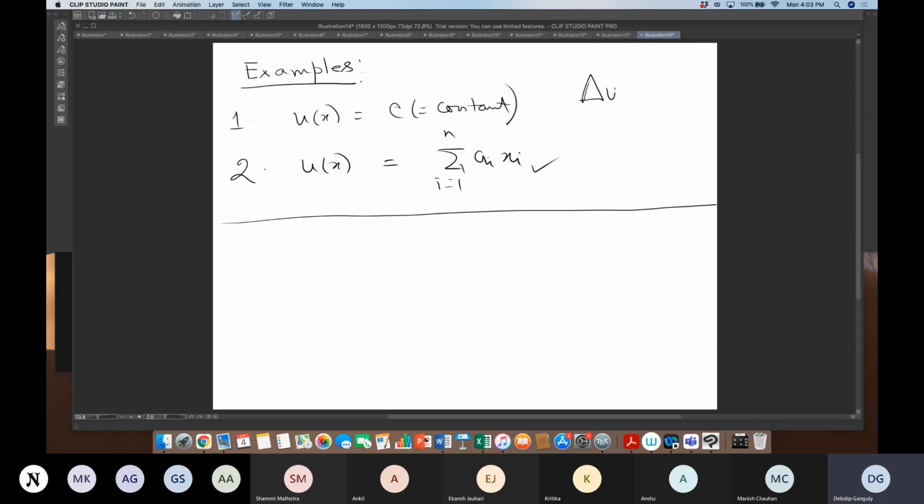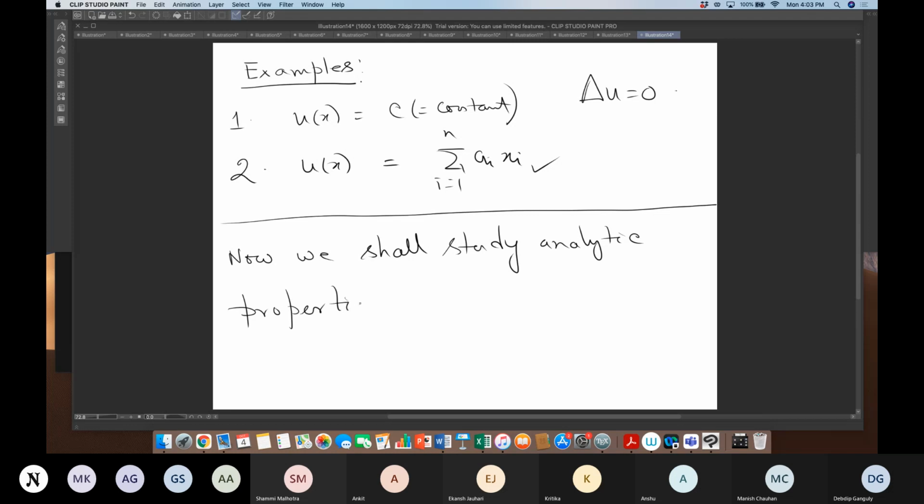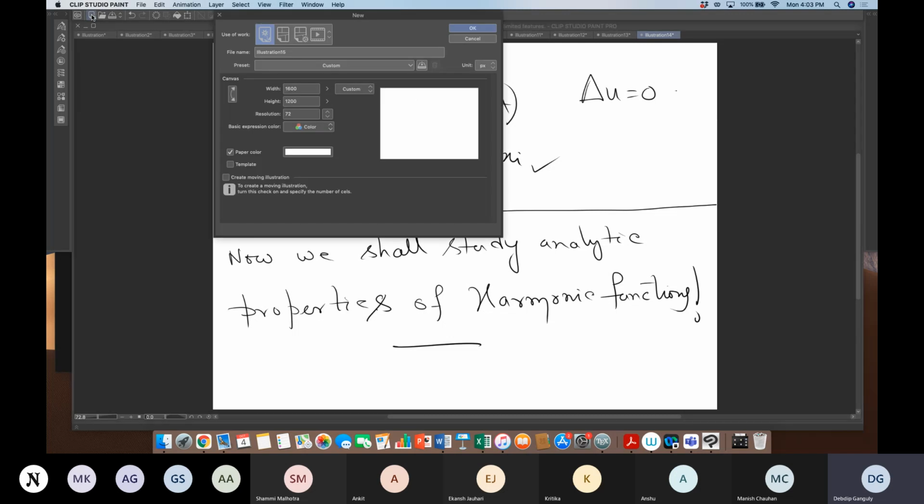Now we shall study the analytic properties of harmonic functions, very interesting.